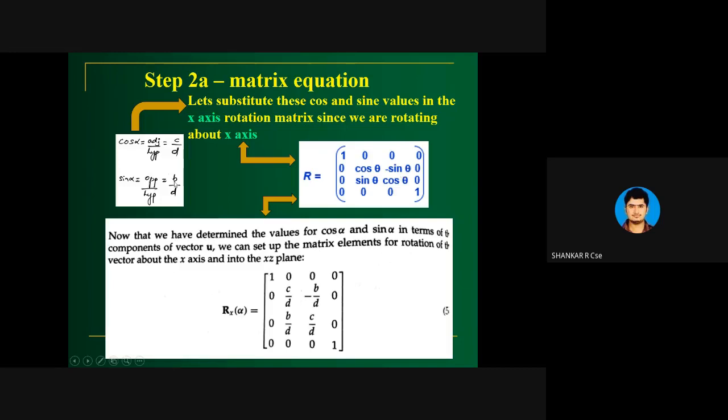Wherever you have sin theta, replace with b by d. That is how you get this. This same thing in the textbook has been taught via dot matrix and vector cross product multiplications. All right. So 2a is over.